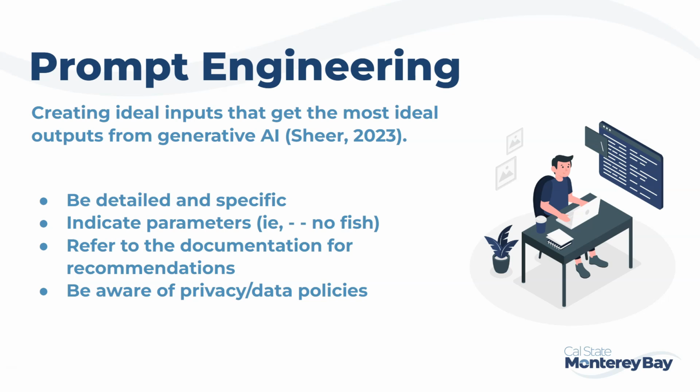The reason that we want to be really specific about this is that if we write in sea otter no fish, you are for sure going to get some fish in your image. So this is why it's important to refer to that technical documentation to get an idea for how to enter and how to indicate those parameters and basically how to tailor the thing that you want to say to this tool.